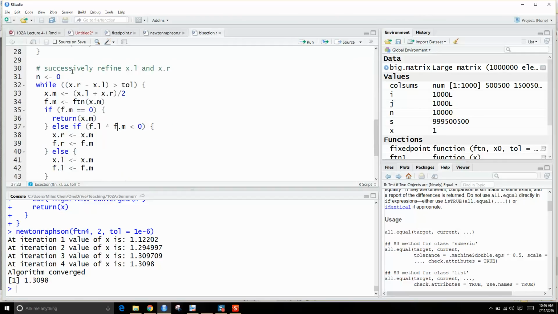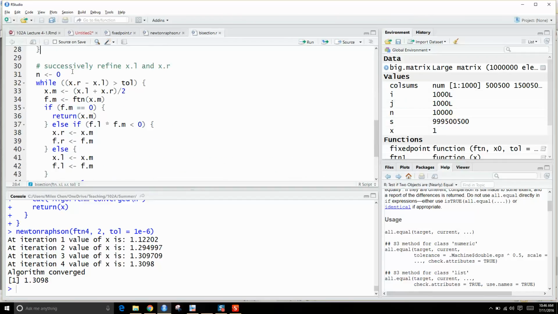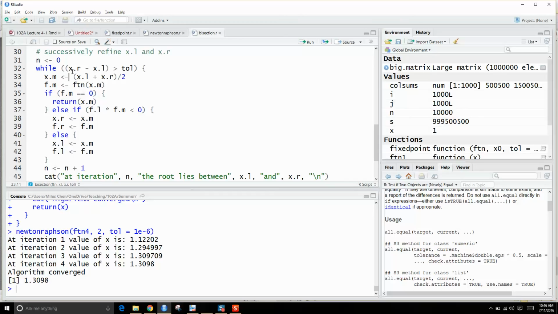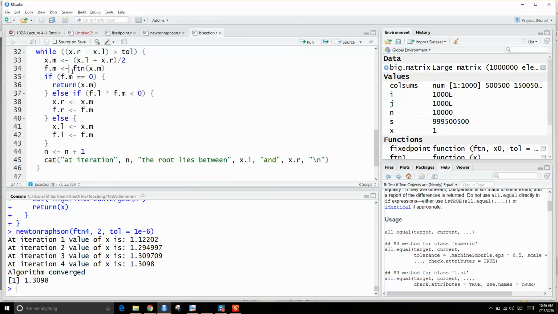Right, and this is where the actual algorithm works. If the difference between these two endpoints is greater than our tolerance, we keep going. We find the midpoint and the function at the midpoint. If the midpoint happens to be 0, then great.